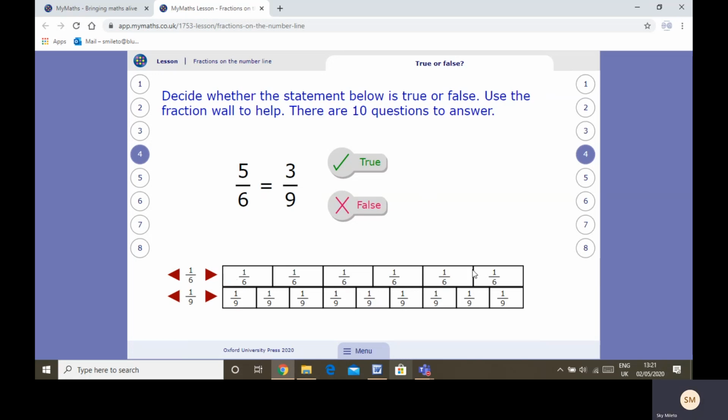I'm looking at the line here. Now I can already see that it would be halfway through a 9. So it cannot be true. Okay, 3/9 is only here. It's down here. Whereas 5/6 is up here. So we can see that 3/9 is a much smaller fraction than 5/6. Incorrect. So have a go at the rest yourself on your own lesson.